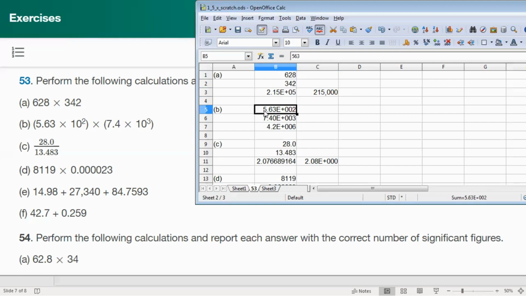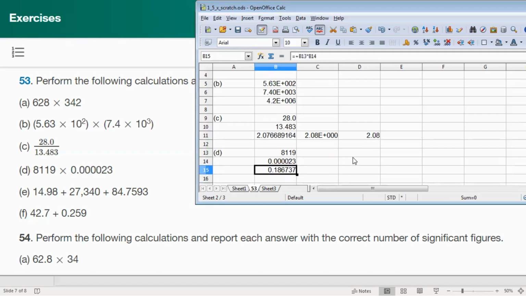So answer B was in scientific notation, and let me see, the answer key there is in scientific notation. This one was in decimal format. And so we could express it in decimal format at 2.08, not going to scientific notation. This is in decimal format, not scientific notation.